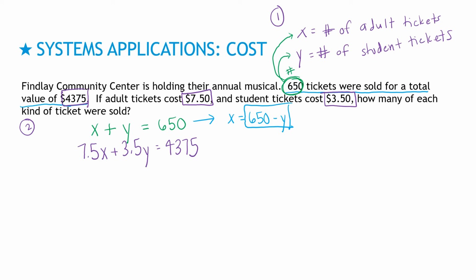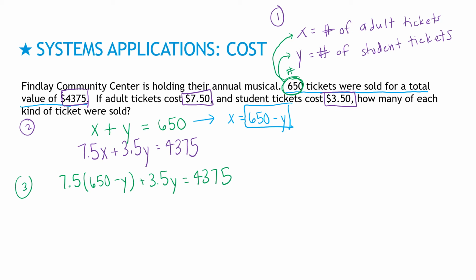So that means my step 3, I would have 7.5, and instead of x, 650 minus y, plus 3.5y equals 4,375. So again, this time I am choosing to use substitution because I am replacing my value of x with something that x is equal to.